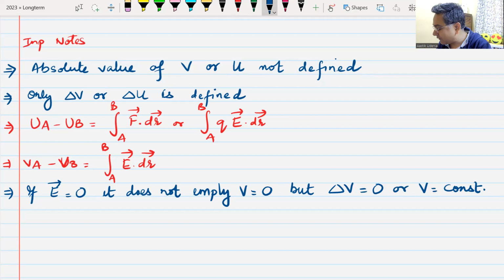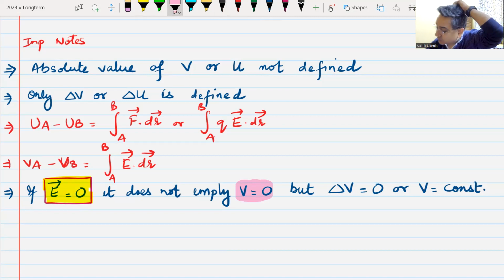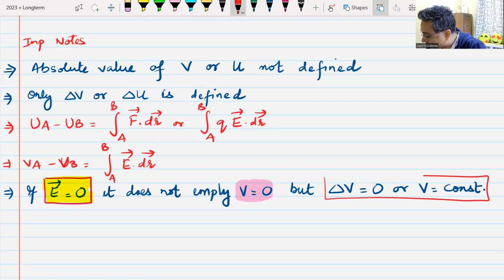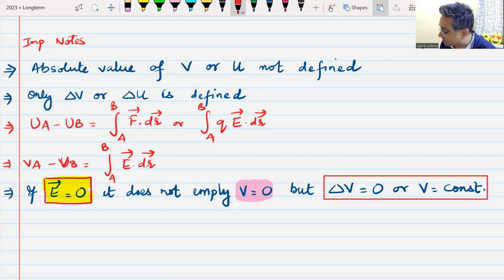If electric field is 0, that does not mean that the potential is 0. It only means that the change in potential is 0 or potential is constant. I hope you are able to understand this. Are you able to understand this?